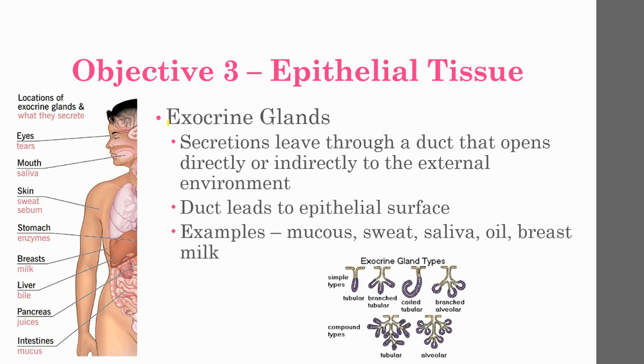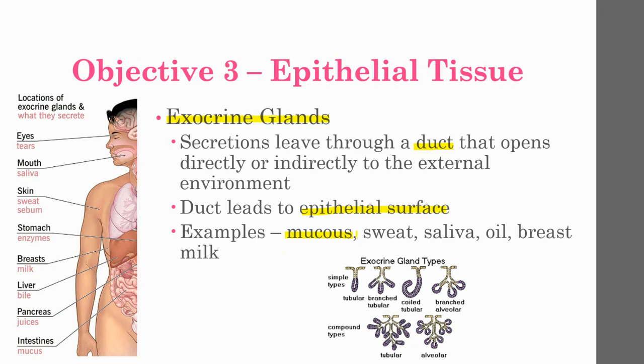And then we have exocrine glands, and exocrine glands are going to secrete their secretions into a duct that's going to go to a nearby area. So they don't have to travel long distance. And so the ducts are going to lead to an epithelial surface somewhere, and these include like those mucus glands or sweat glands or mammary glands.